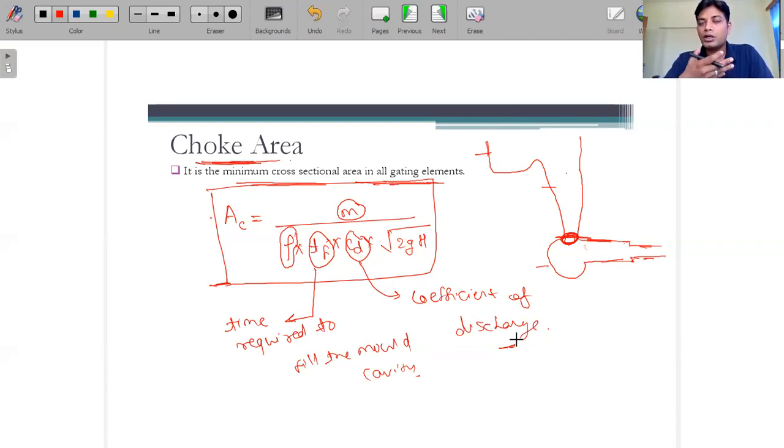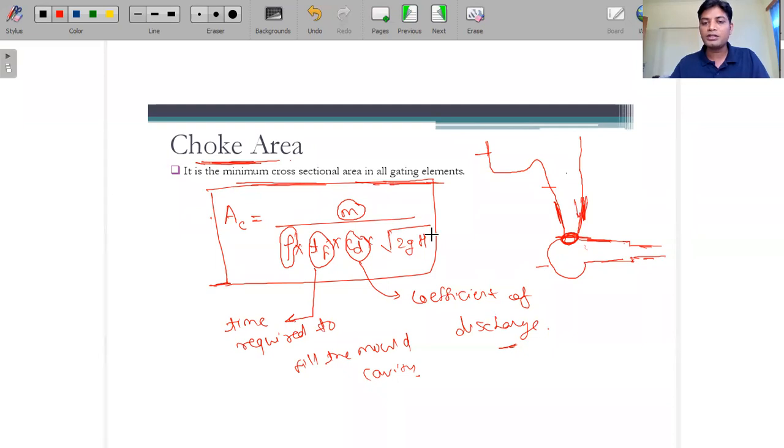This differs for different kinds of materials. These gating elements are usually made of very high strength alloys, so the coefficient of discharge is good for that, because the smoothness is also taken into account accordingly.